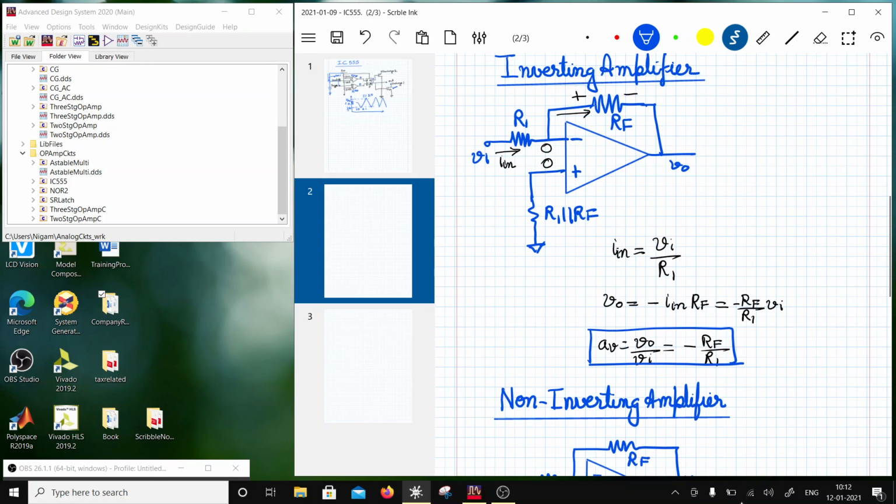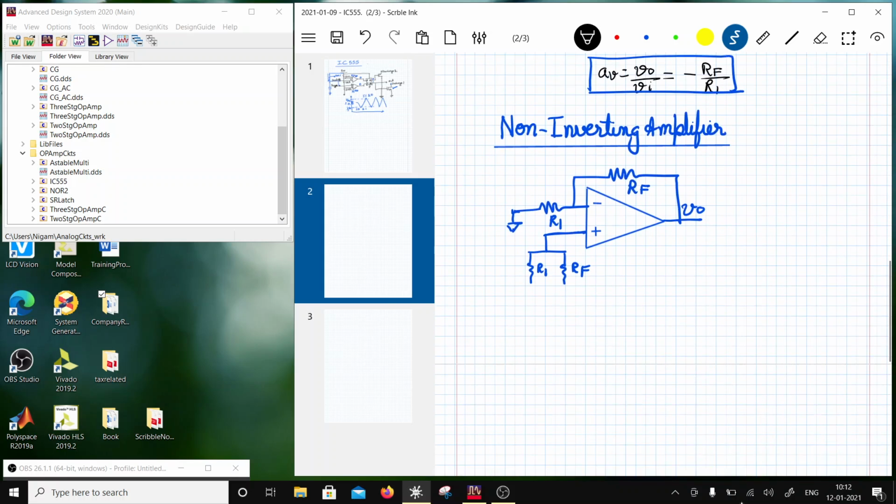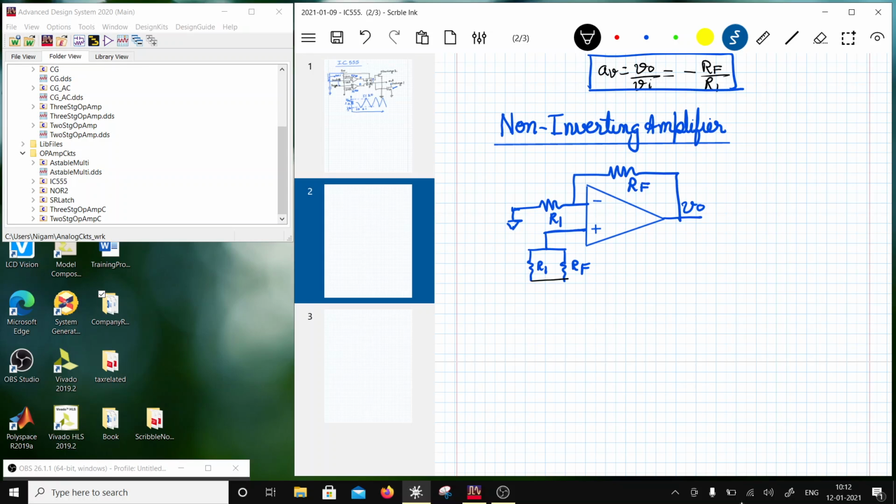In both cases you will have to give a DC VCM. This is a DC value, while I'm talking about a small signal voltage, so this is a small signal 0 volts, with both terminals sitting at VCM. I can always apply the input over here.